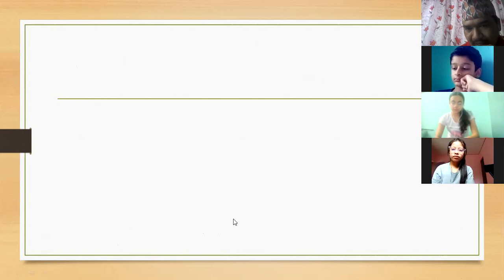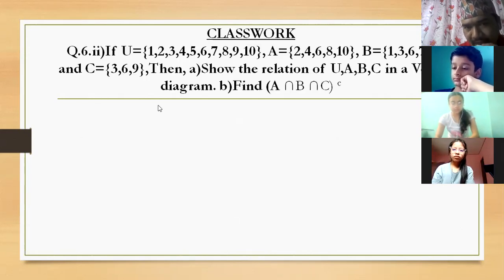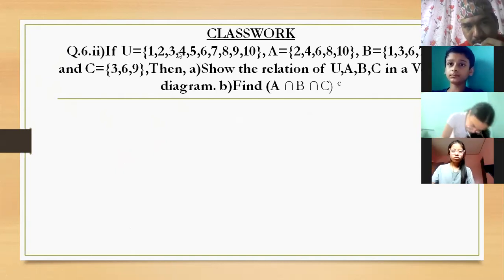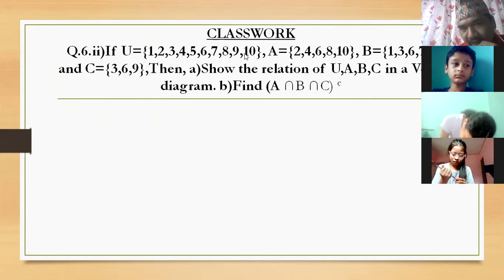Now the question goes like this. Let's do it. Universal set is given there: 1, 2, 3, 4, 5, 6, 7, 8, 9, 10. Set A is given there: 2, 4, 6, 8, 10.